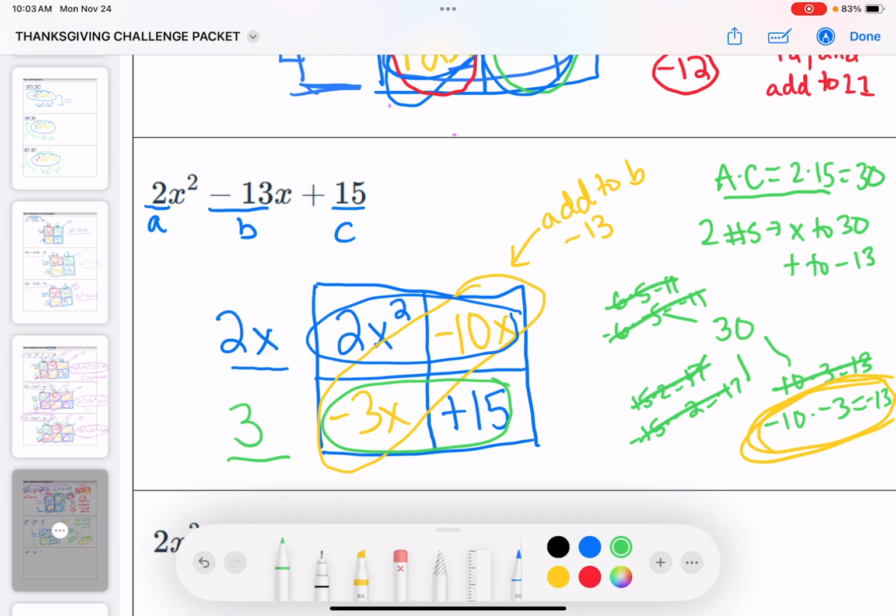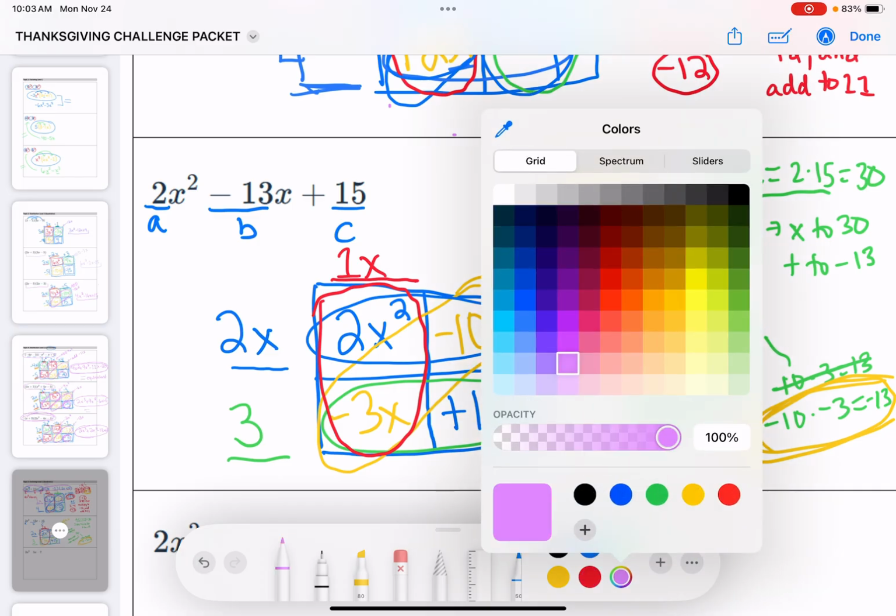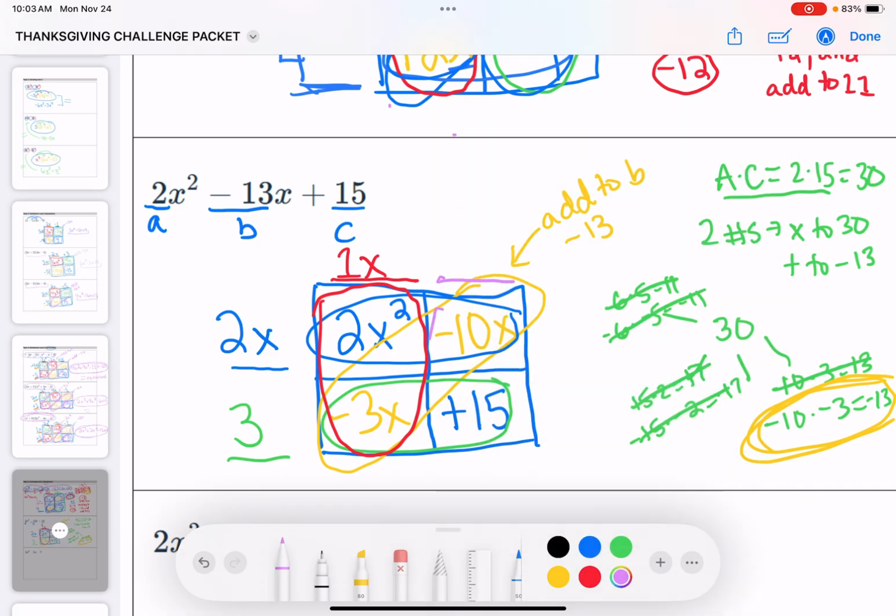However, they don't have an X in common. 2 and -3 only have a 1 in common and an X. And then let's do -10 and 5. They both have a 5, but no X.